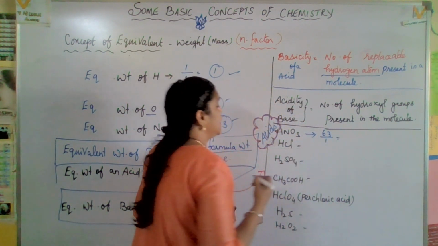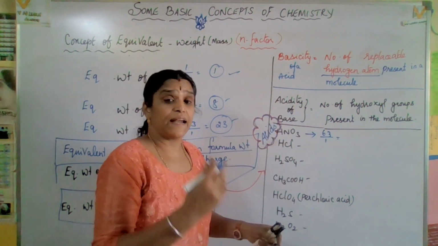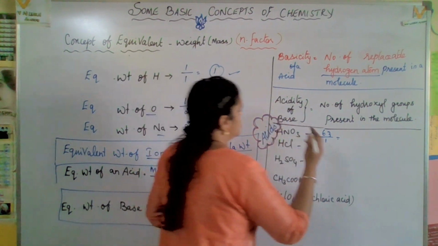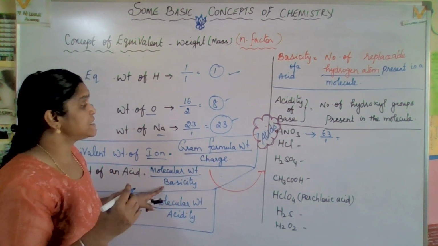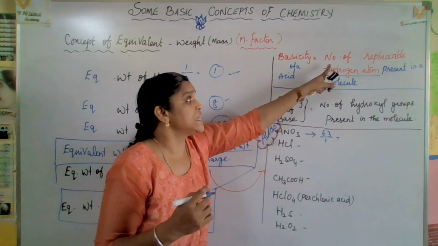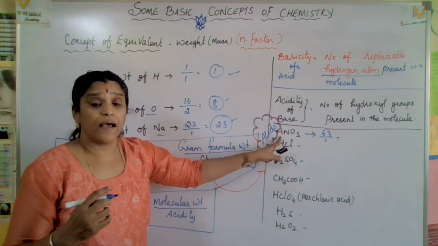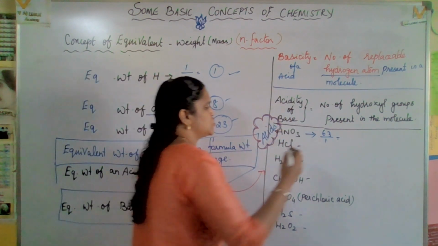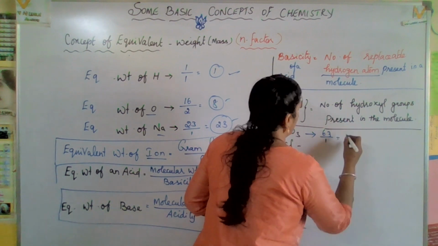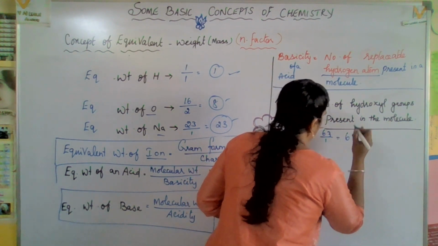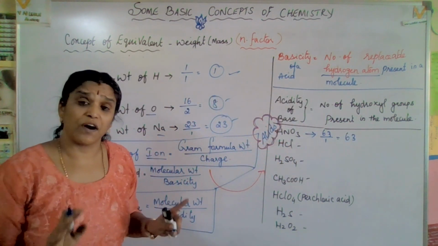That means how much hydrogen is replaceable here? Basicity means the number of replaceable hydrogen. How many hydrogens are available? 1. So the equivalent weight of nitric acid is 63, and there is no unit for equivalent weight.